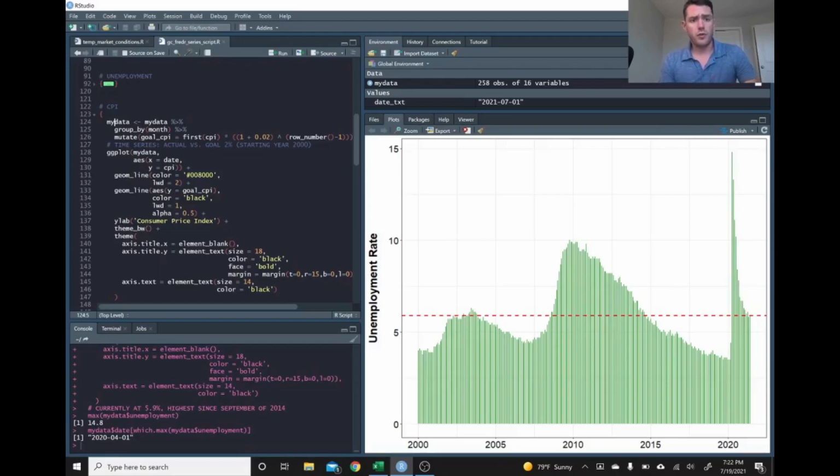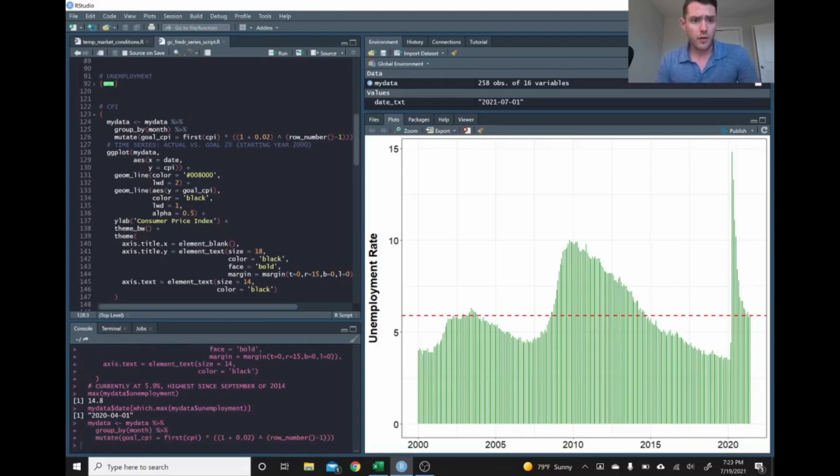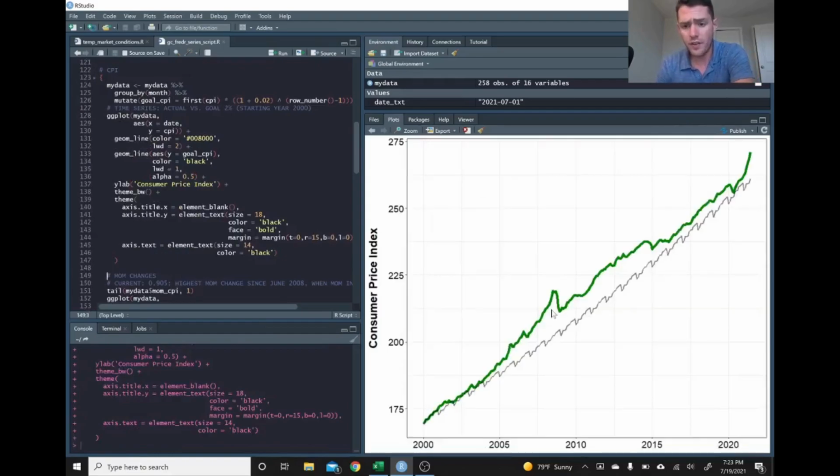Now let's jump into CPI. And so here is CPI. CPI is the Consumer Price Index, and this is total CPI. And what I've done here is I've plotted actual CPI since the year 2000, since January of 2000. That's the green line. And then the gray line is the 2% goal of the Fed.